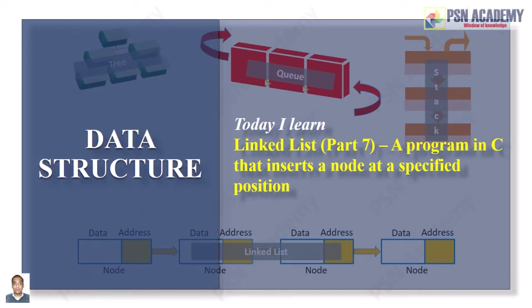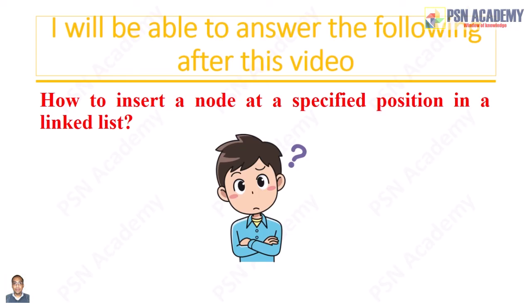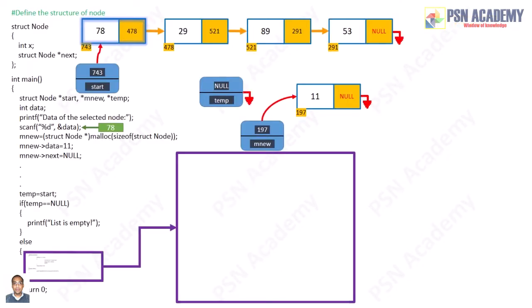In this video, we will learn how to insert a node at a specified position in a linked list. A little recap. In the previous video, we learned how to insert a node after a given node regarding the data inside that node.